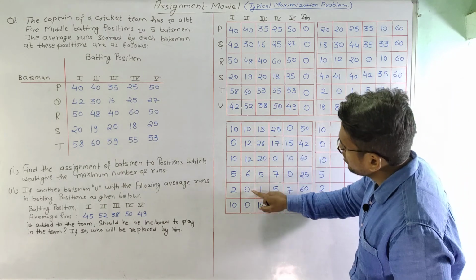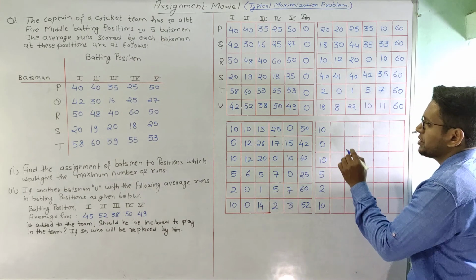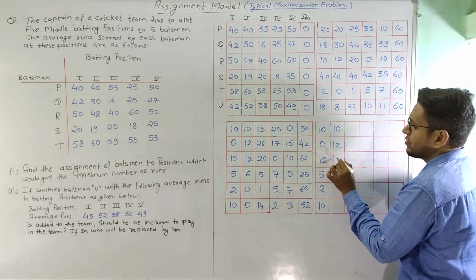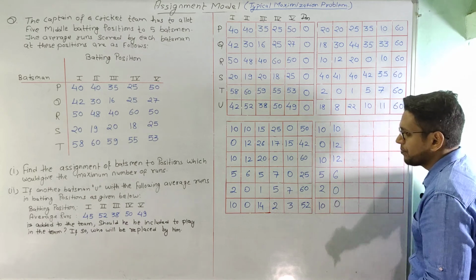Now for column 2 there are more than 1 0, so this will also remain the same, this is 10, 12, 12, 6, 0 and 0.